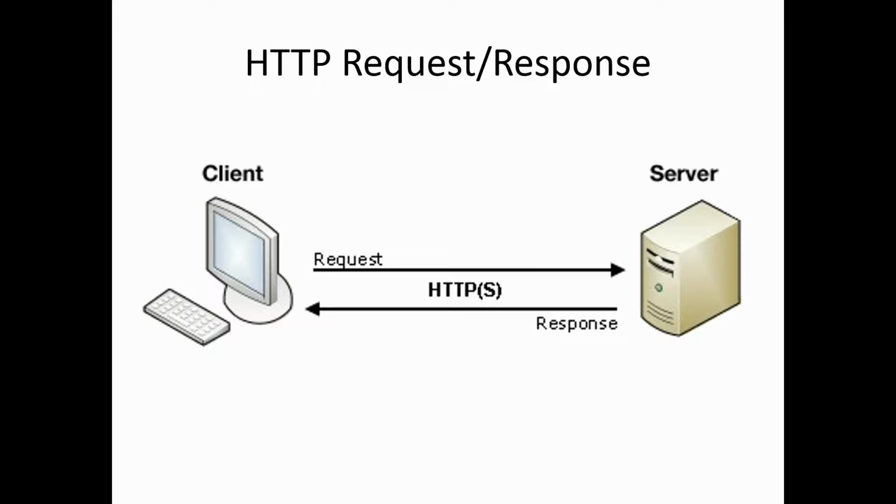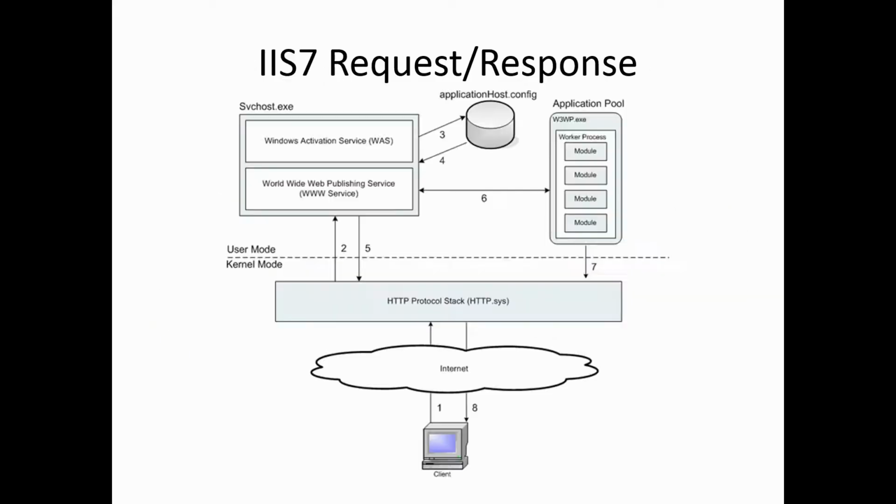The process we're going to go through as we build our ASP.NET MVC applications is similar, but there's another layer of complexity tacked onto that. This is what you would see as the request-response model for IIS 7 using ASP.NET. If we start at the bottom, there's the client, the computer, and the cloud, or the internet.